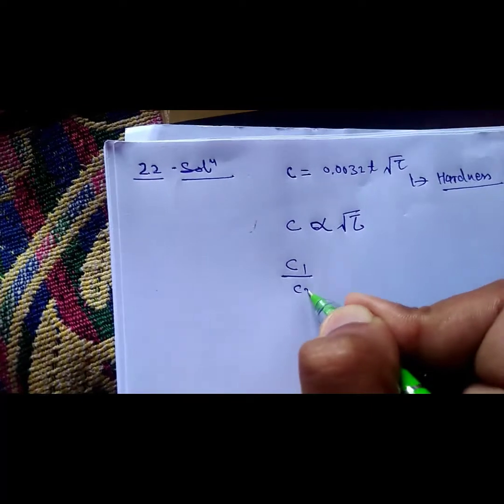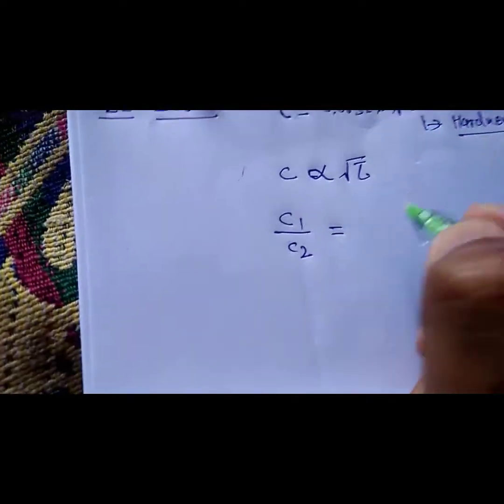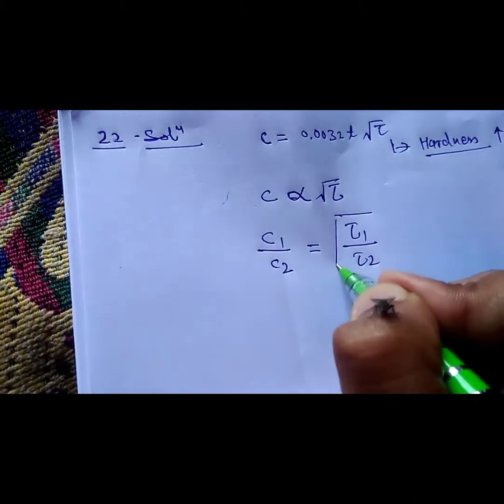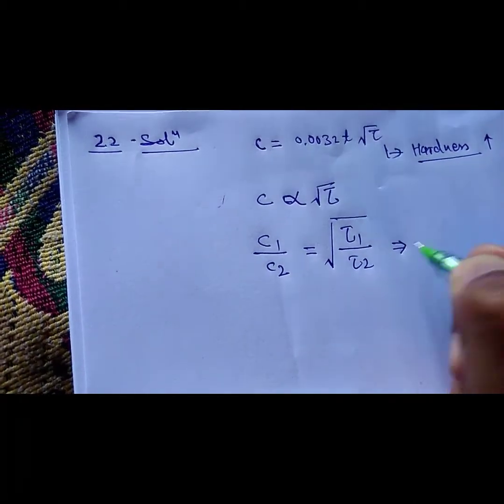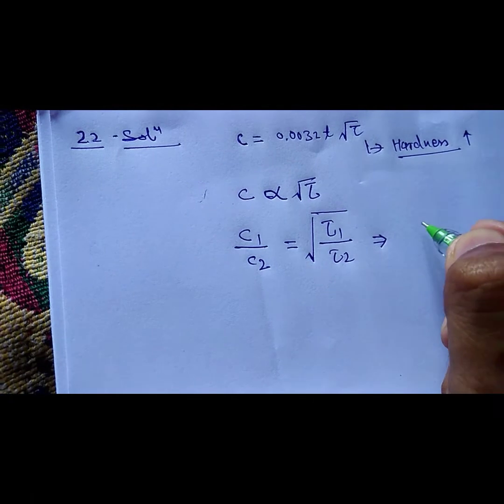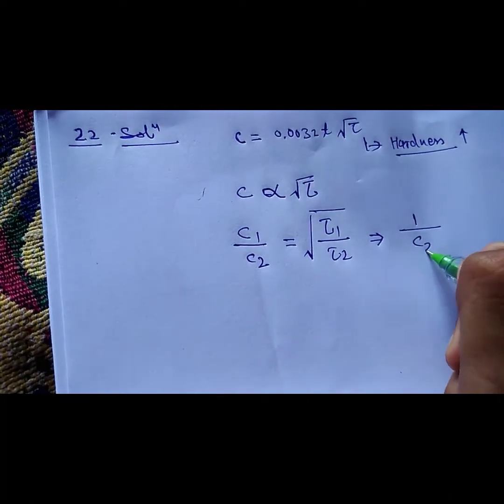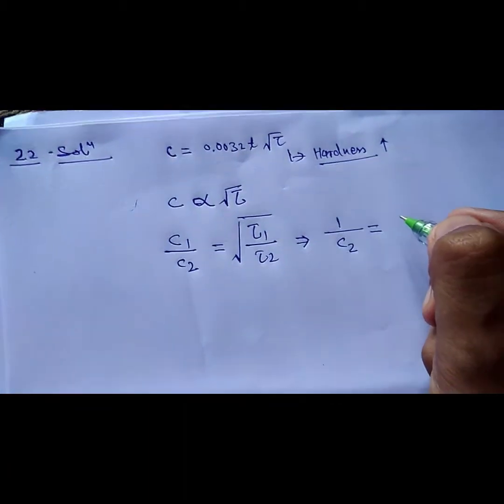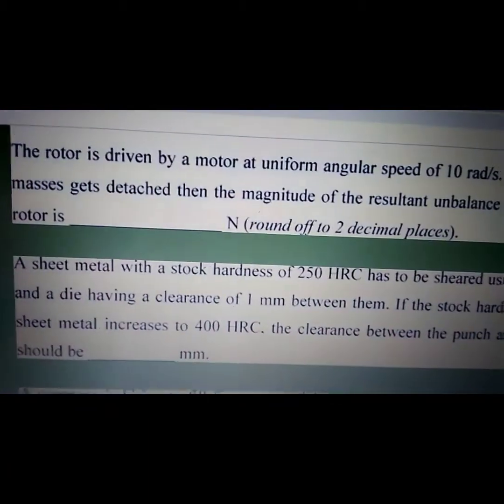Or we can write C1 upon C2 is equal to root of tau 1 upon root of tau 2. C1 we have 1 mm and C2 we have to calculate. Tau 1 is 250 and tau 2 is 400 HRC.